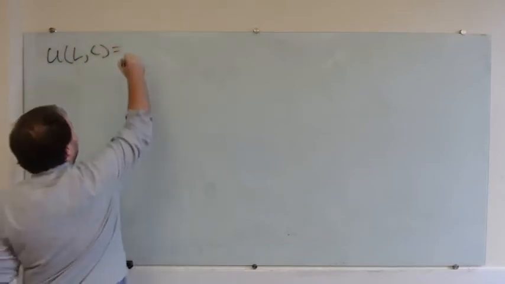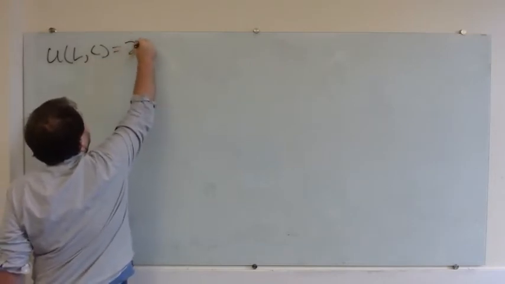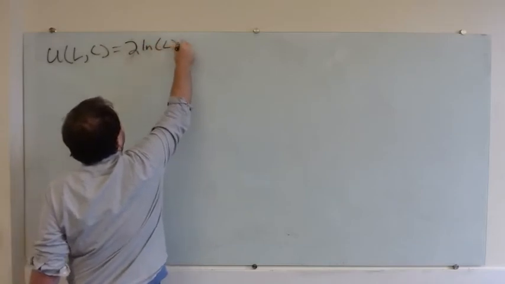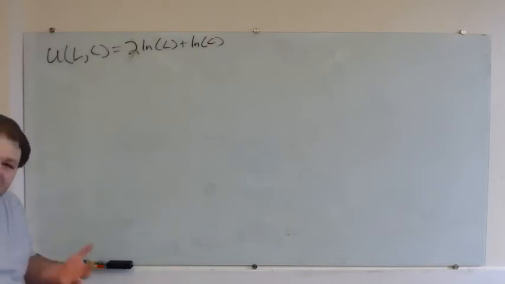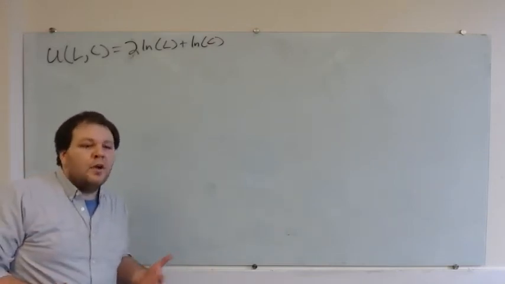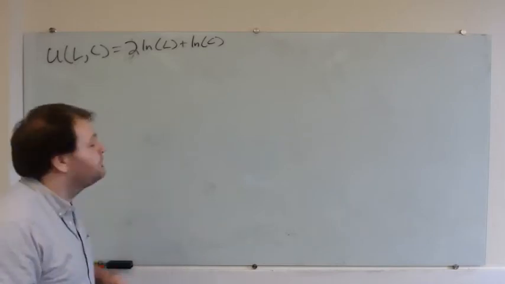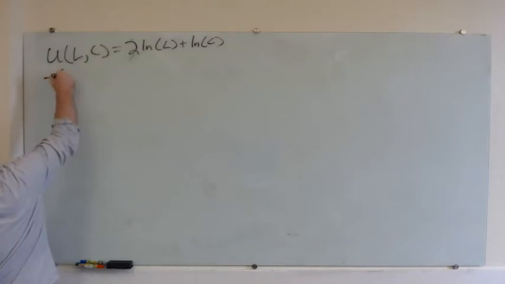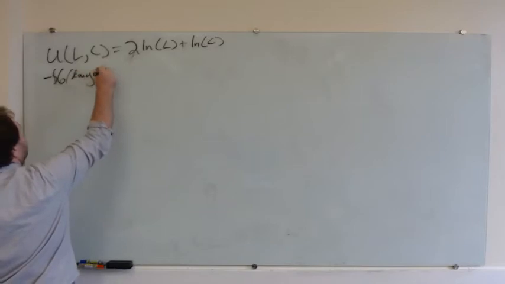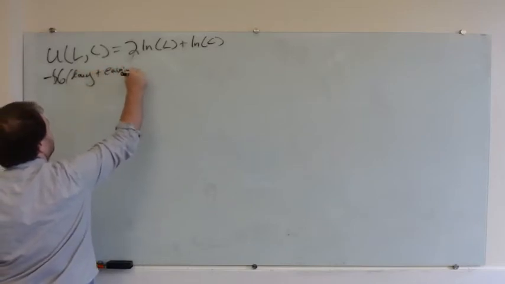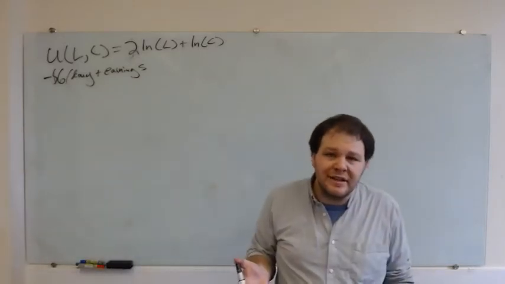Let's say utility is 2 log L plus log C. And let's say that in addition to the money you get from working, your grandma also is very, very generous, sends you $6 a day. So first of all, let's think about what our budget constraint is going to look like.